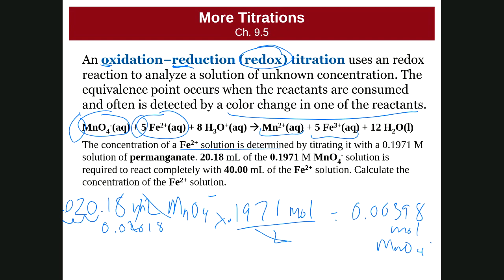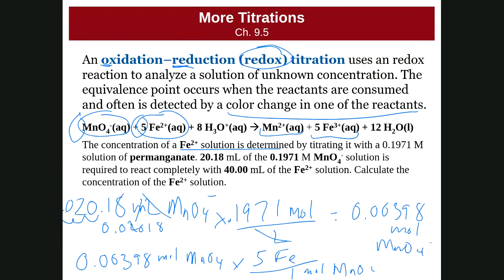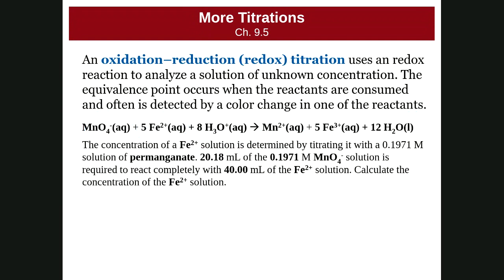So we're going to take 0.00398 moles of permanganate, and we're going to multiply by 5. So there's 5 moles of iron for 1 mole of permanganate. Okay, I'm going to erase.